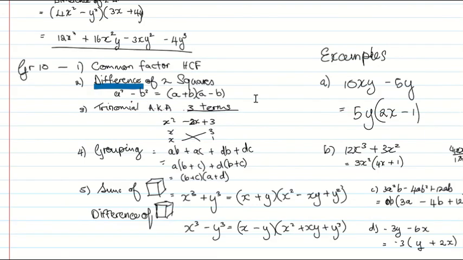Then after we have a common factor, we have a difference of two squares. Then we have a trinomial, which has three terms, and then grouping, and then the sum of cubes and a difference of cubes that go together.